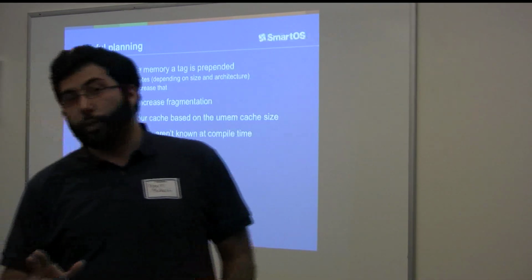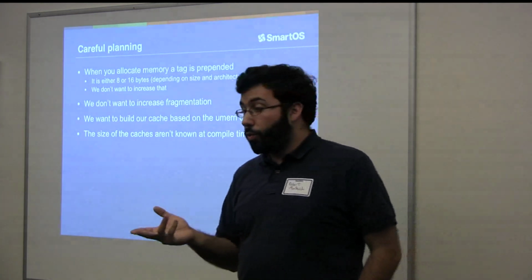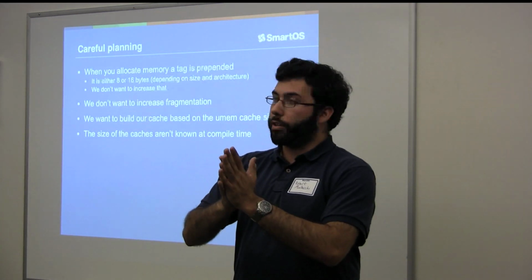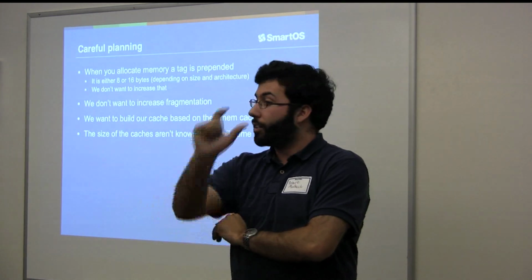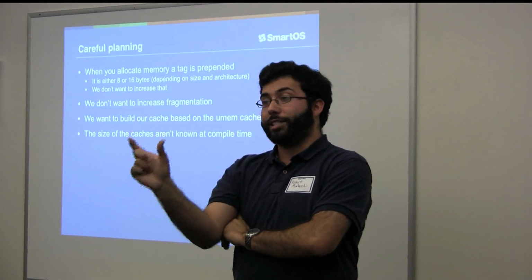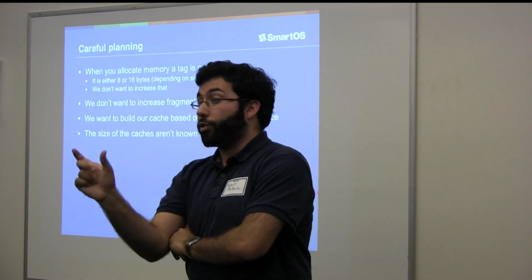The other challenge here is that we don't want to increase the fragmentation that's going on. If you think about it, when you do a malloc with libumem, say that 100-byte malloc, it goes to the 128-byte size cache. You actually end up allocating 128 bytes.